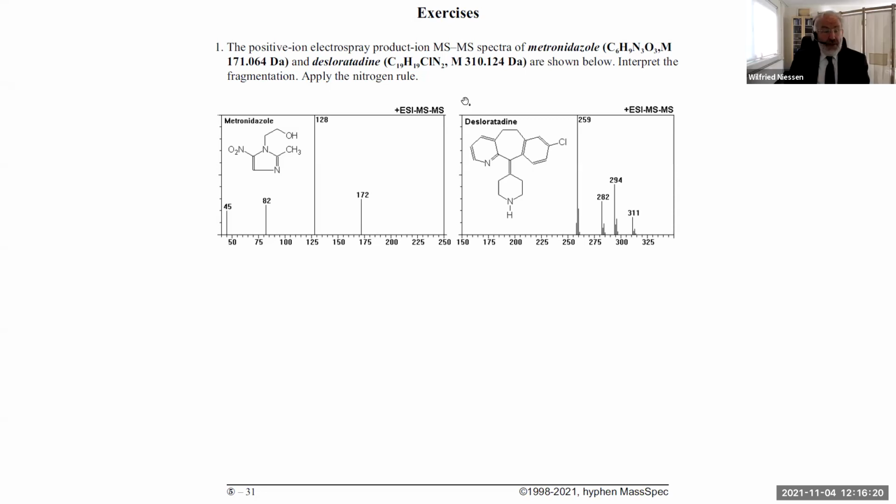Okay, the floor is yours. Can you explain the fragmentation? Did you have enough time? Did you need more time? All very quiet.